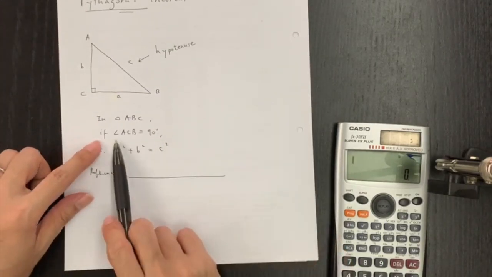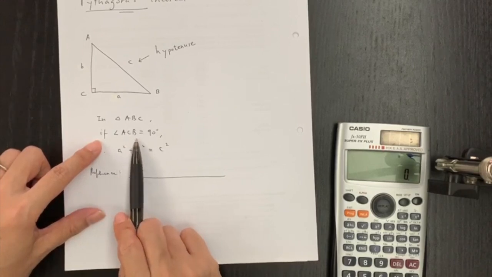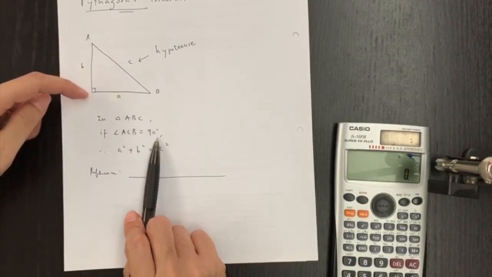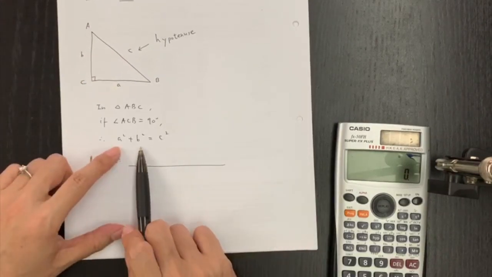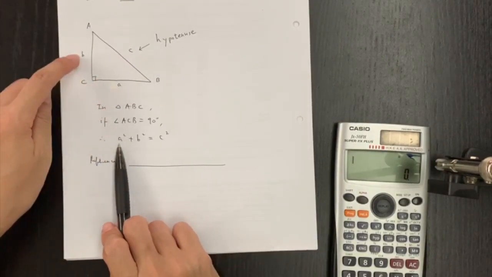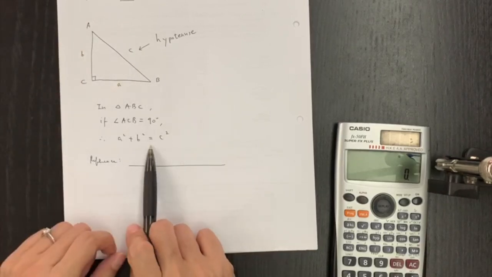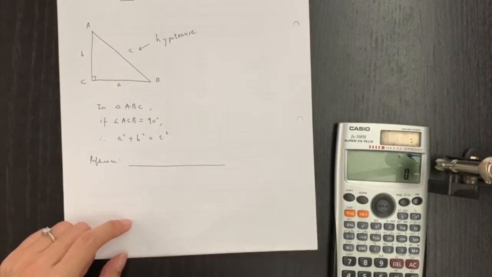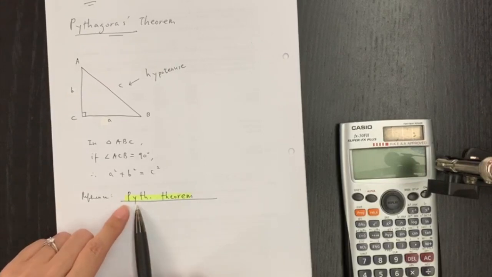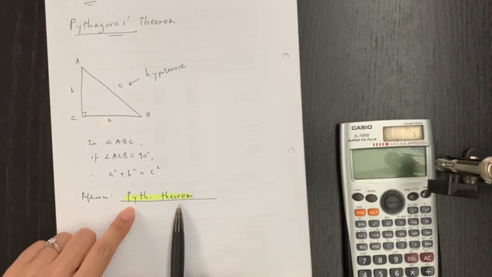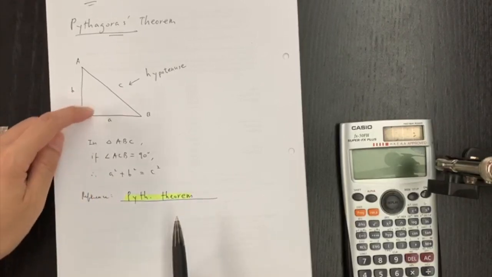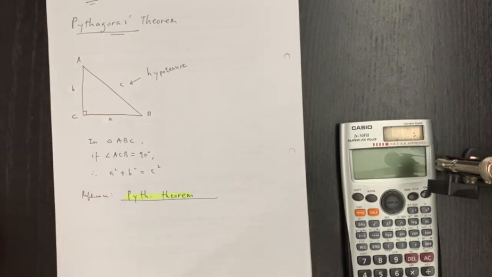Therefore, if angle ACB is 90 degrees, this is a right-angled triangle, and Pythagoras stated that A squared plus B squared is always equal to C squared. The reference is Pyth. theorem, which states the relationship of the three sides of this right-angled triangle.